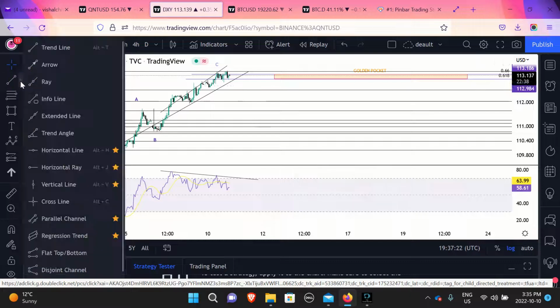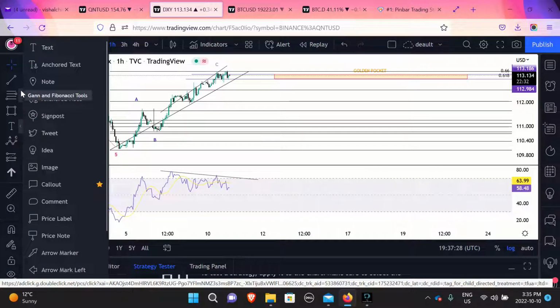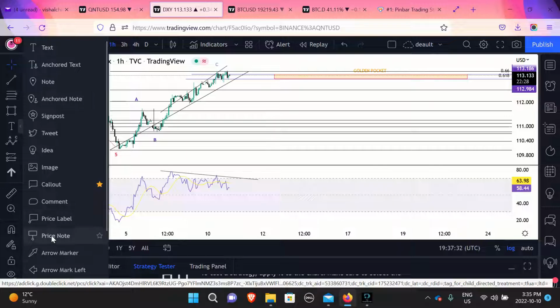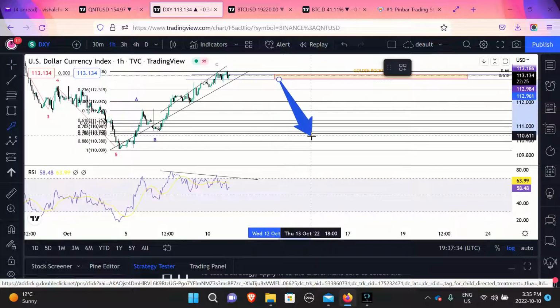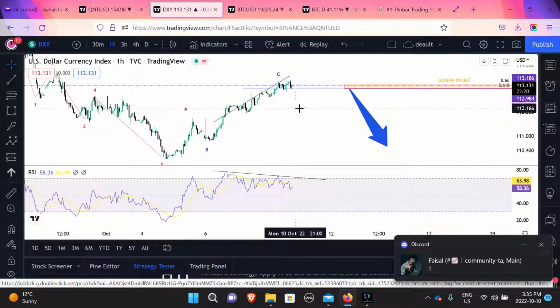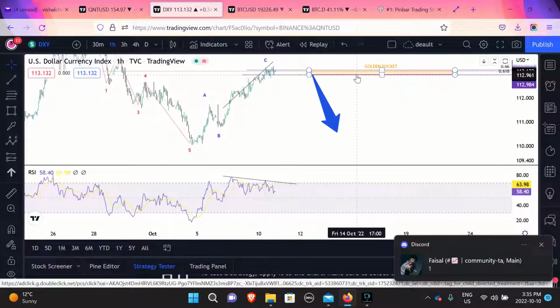Preferably good for the altcoins. And we would be breaking down from this golden pocket zone.